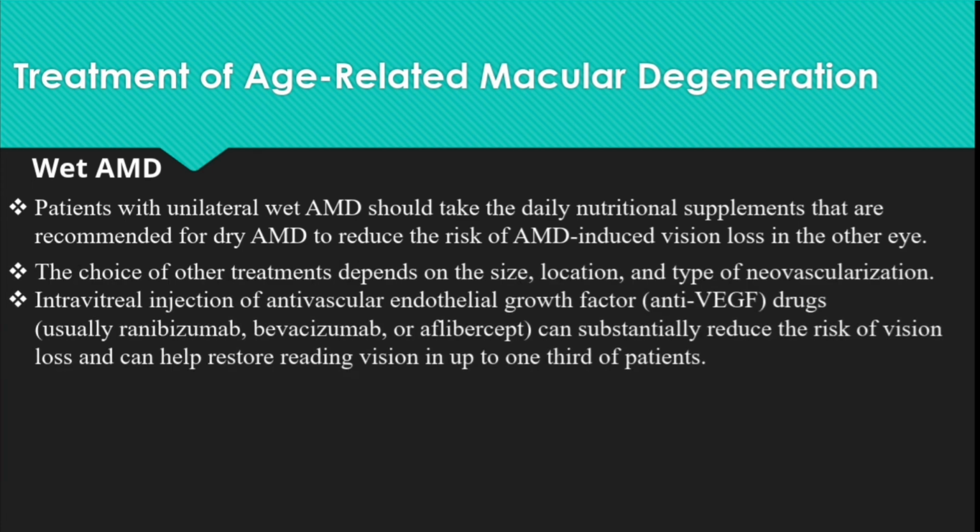The choice of other treatments depends on the size, location, and type of neovascularization. Intravitreal injection of anti-vascular endothelial growth factor drugs, usually ranibizumab and other drugs, can substantially reduce the risk of vision loss and can help in recovering or restoring reading vision.